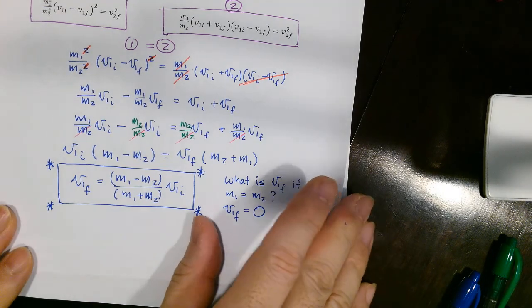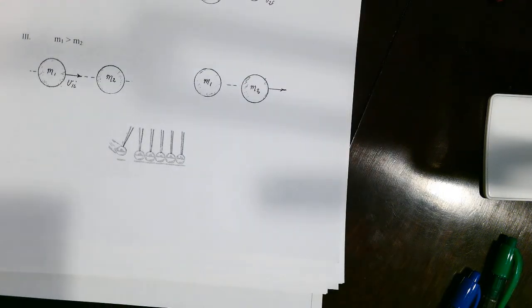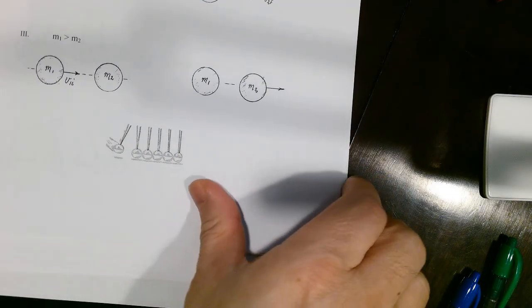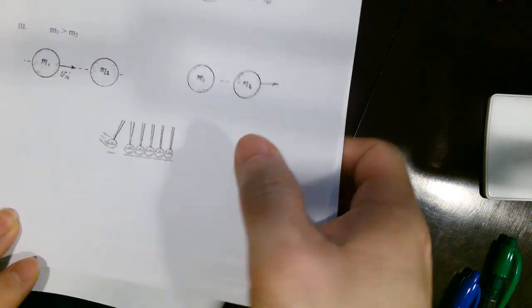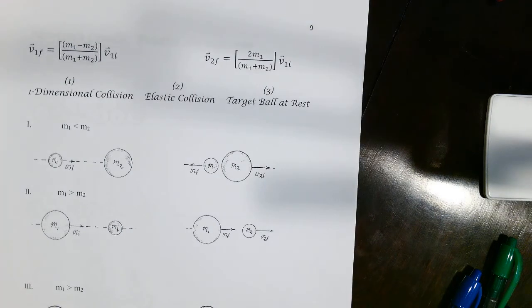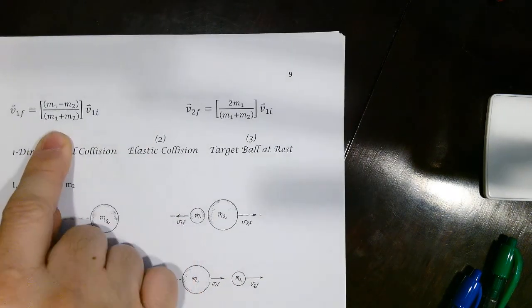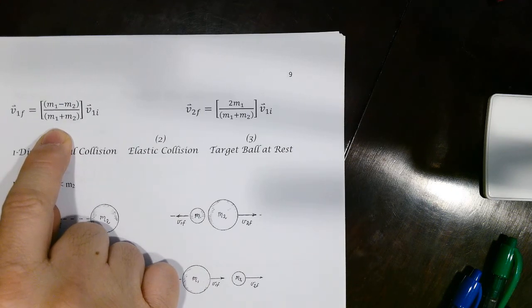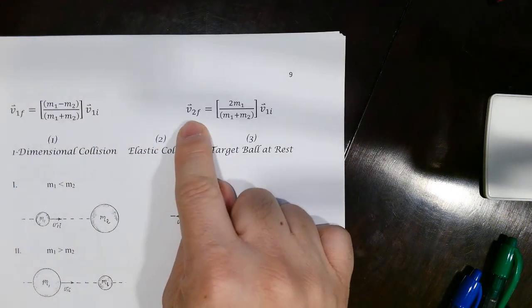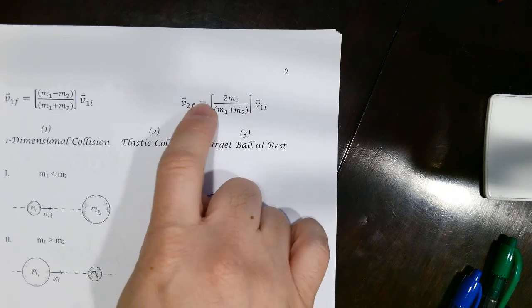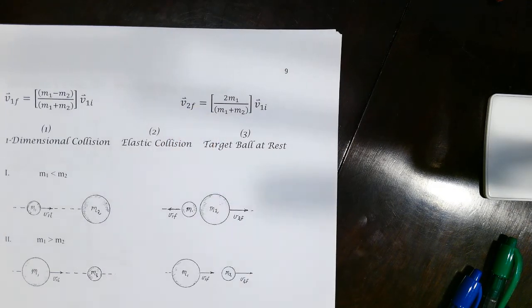Righty then, let's take a look at the second part of that. What if they're not equal masses? Then what? By looking at this equation, the one we derived together, if we were to solve for V2 final, this would be the other equation.